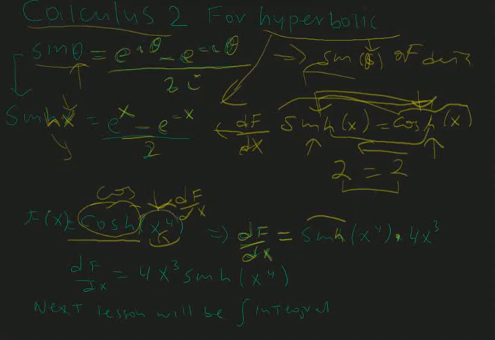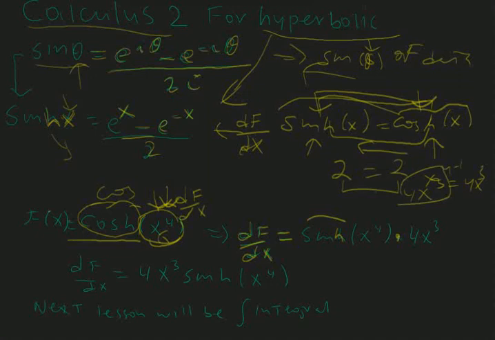now I have to do, like in the previous lesson, the derivative of the inside, x to the 4th. From Calc 1, that is 4x cubed, because the 4 comes to the front and you subtract 1, so x is raised to the power of 3.